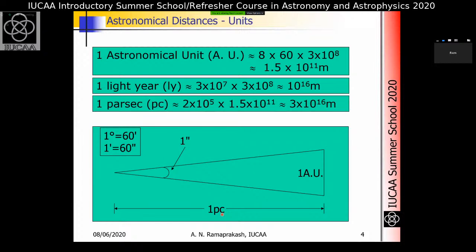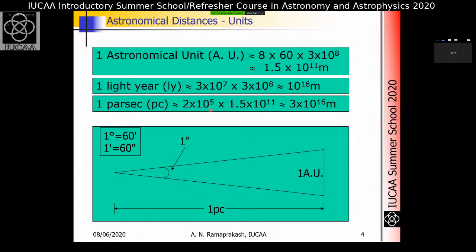And it is relatively easy to show that 1 parsec is 2 × 10⁵, that is the number of arc seconds in 1 radian, times 1.5 × 10⁻¹¹, which is the size of the stick. So this is nothing but, for calculating this distance, you have to multiply the distance by the angle.